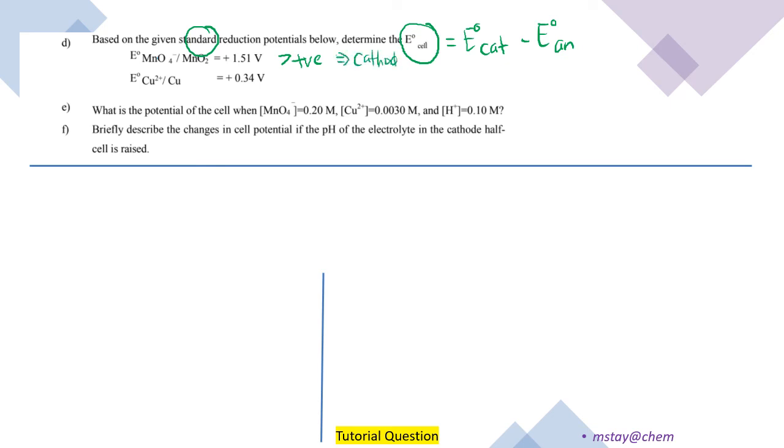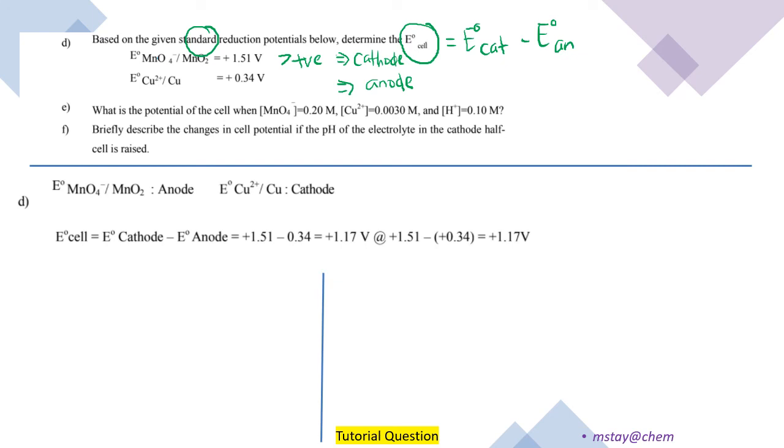So what we identified on the previous slide is correct based on the overall equation. If MnO4- becomes the cathode, then copper will automatically become the anode. So just substitute in the values: E0 cell equals E0 cathode minus E0 anode, plus 1.51 minus 0.34, so the answer will be 1.17 V, where the reaction is spontaneous since the E0 cell is a positive value.